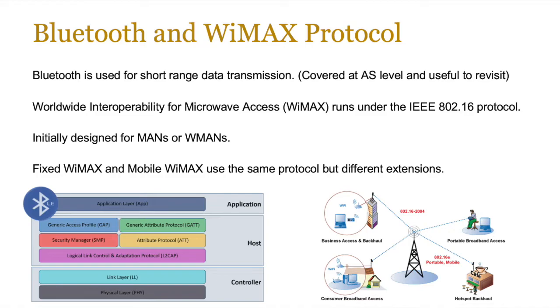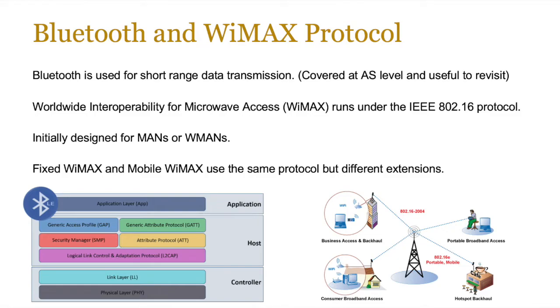And WiMAX, which stands for Worldwide Interoperability for Microwave Access, runs under the IEEE 802.16 protocol. This connectivity was designed originally for wireless MANs, or metropolitan area networks. However, you can get fixed WiMAX networks, which are based on the IEEE 802.16-2004 version of the protocol, and mobile WiMAX is based on the IEEE 802.16-2005 protocol.